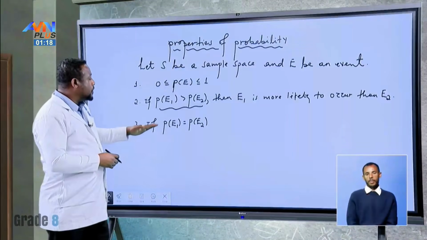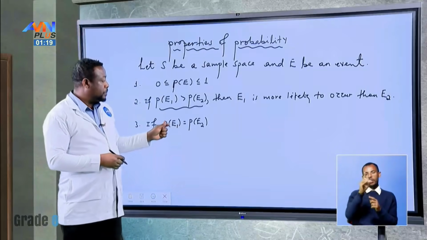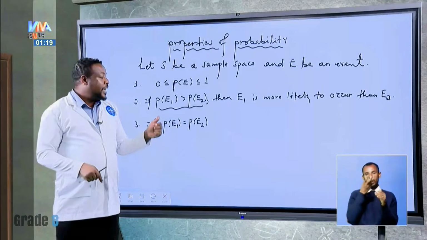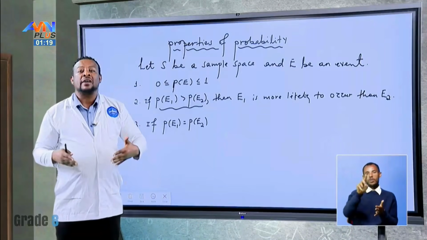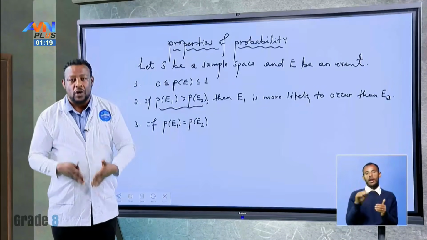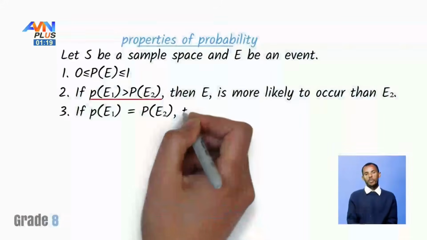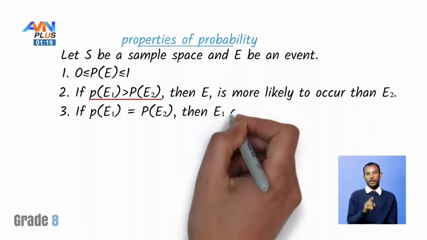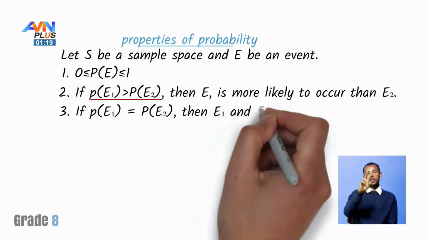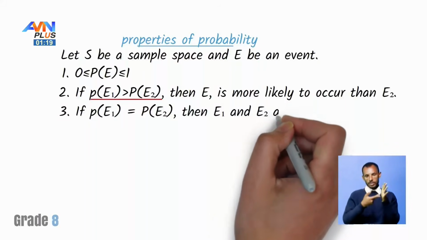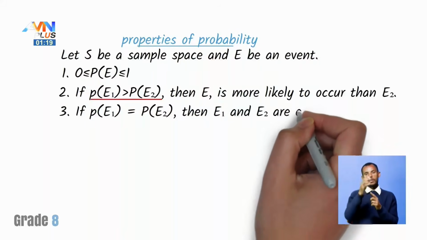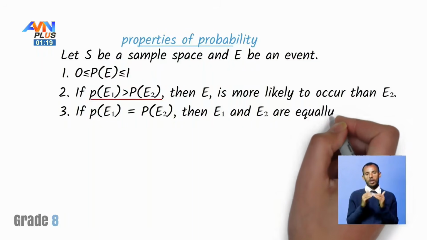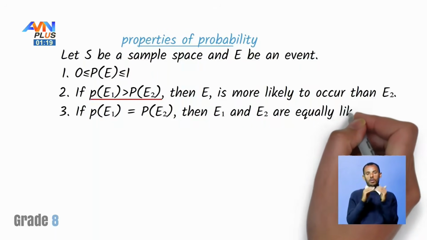Okay, if probability of event E1 and event E2 are the same, then we can say that E1 and E2, that means event 1 and event 2, are equally likely to occur.